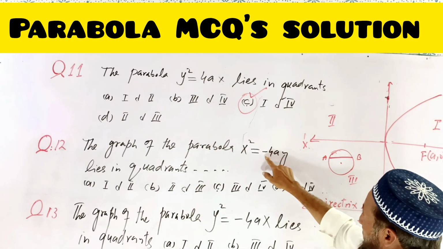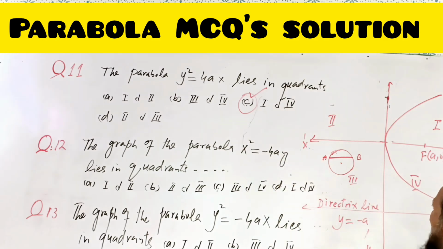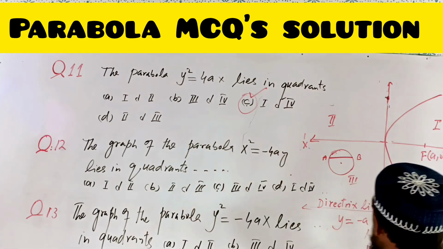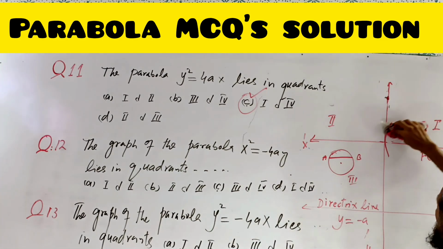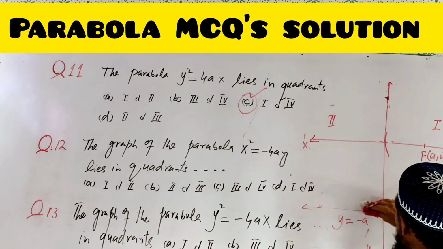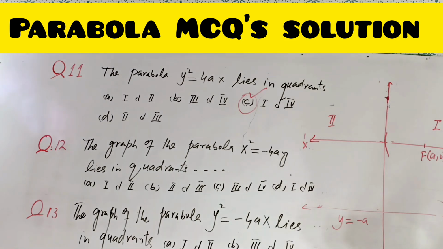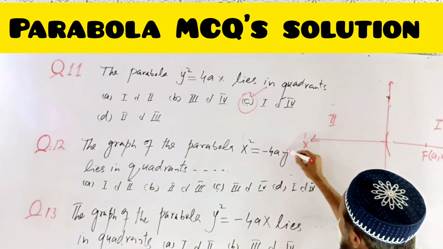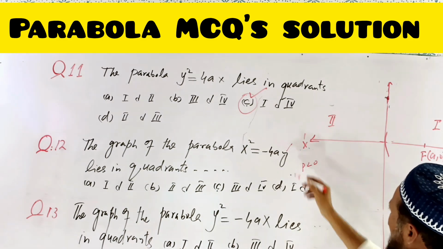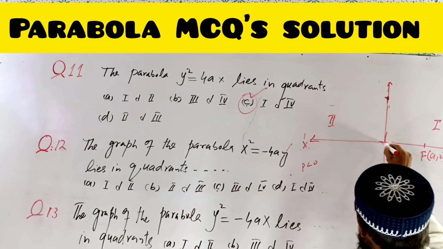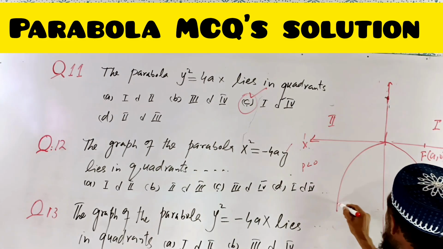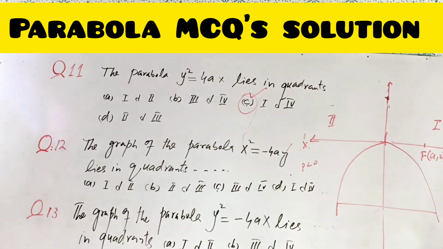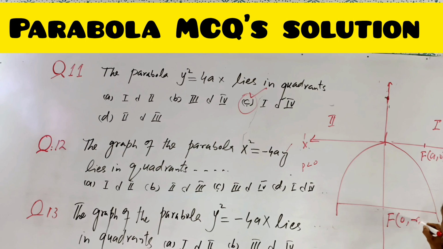The value of p is less than 0, so the parabola is making downward on the y-axis. Once again we draw the parabola. Here the focus is 0, minus a; we can also write 0, minus p. A or p, both are the same here.